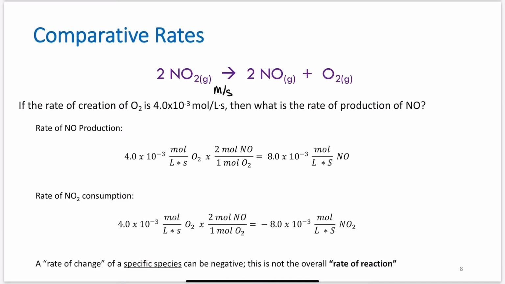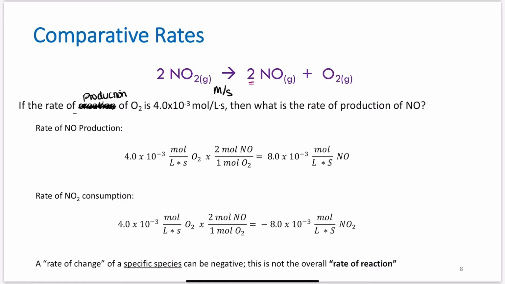Well, I know if I say that the rate of O2 creation is not the best of words because we can't create or destroy things. Law of conservation of mass tells us that. We can only change forms. But I see I've got 4 times 10 negative third moles per liter second, or molar seconds, of O2. There's a 2-to-1 ratio here.